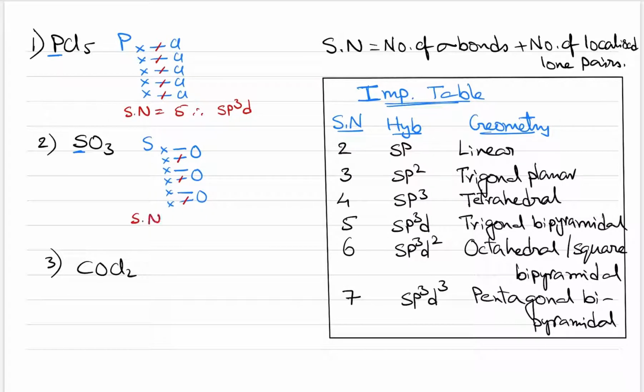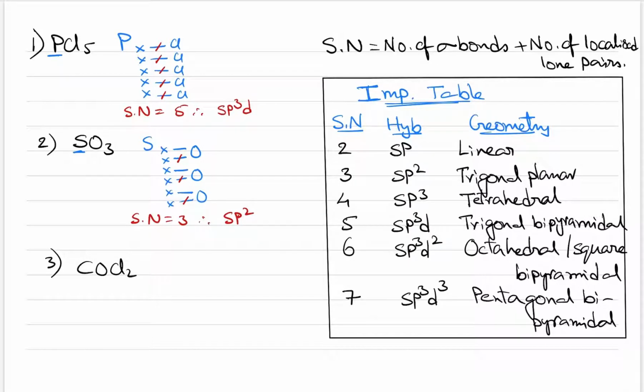Therefore, the steric number will be 3. If the steric number is 3, then what is the hybridization? sp2. We should know the table so that from the steric number you come to know the hybridization and also the geometry. In sp2 hybridization, the geometry is trigonal planar.